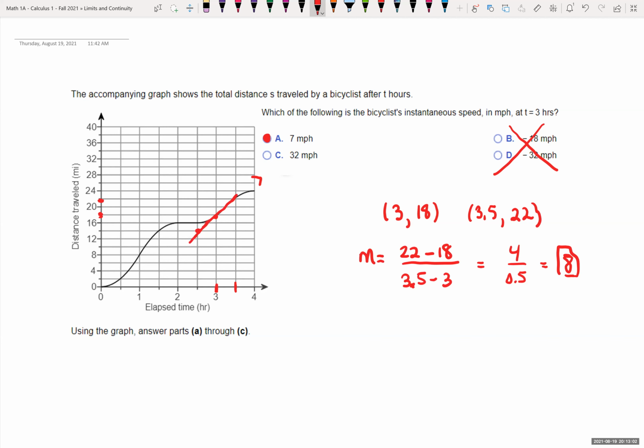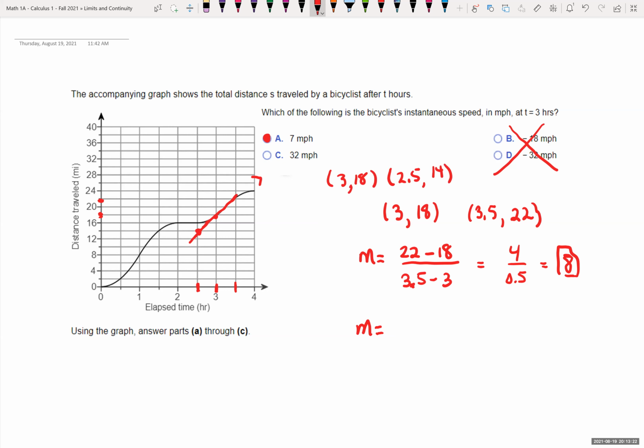For instance, here, if I had chosen when t was 2.5, my answer should be pretty close. So I could have looked at 3, 18 and 2.5. If time was 2.5, then my y value is 14.